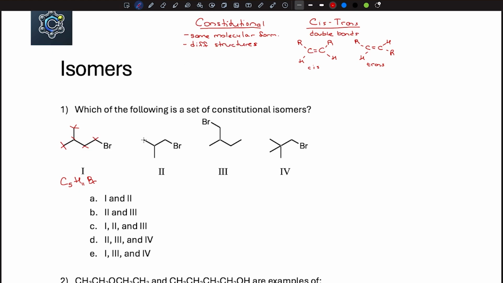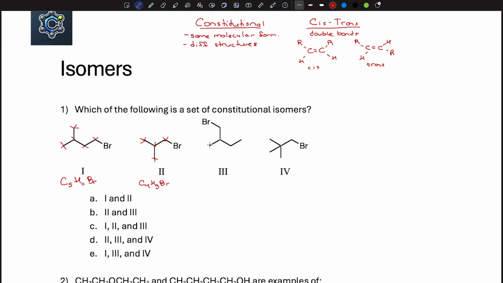In the next structure, I see 1, 2, 3, 4 carbons, and 1, 2, 3, 4, 5, 6, 7, 8, 9 hydrogens. And again, 1 bromine.